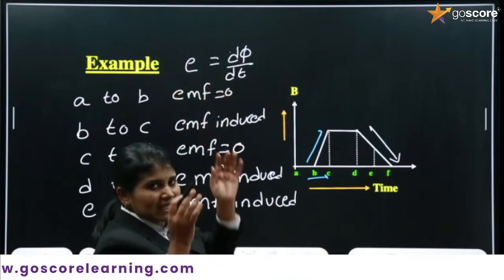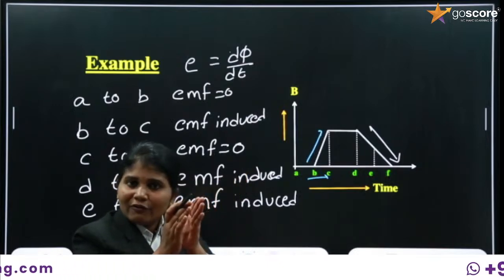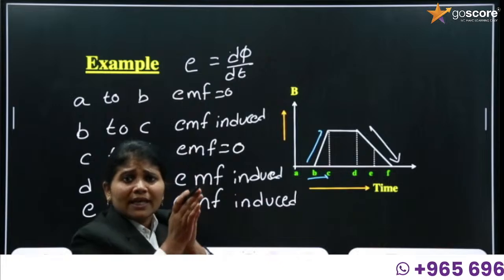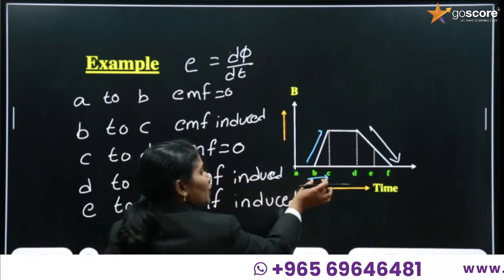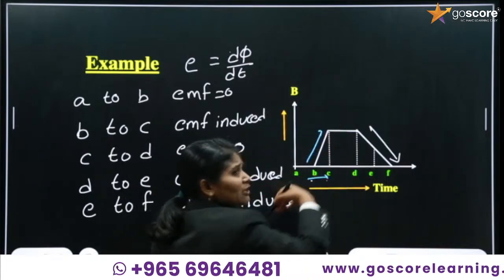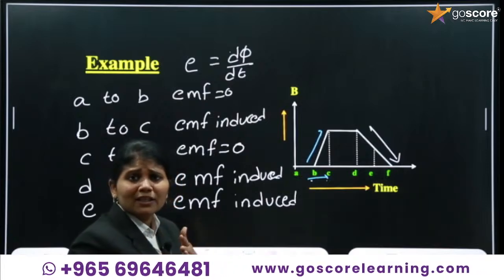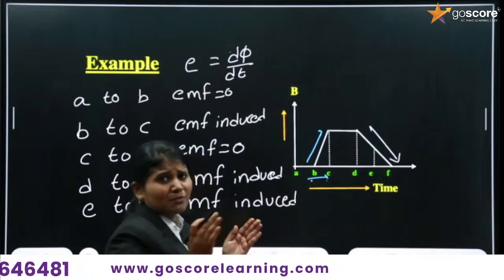So in a less time period where the magnetic flux is changing more, at that point we are getting the maximum EMF. See here, B to C, there is a less time period, but the change in value is more. Maximum magnetic field is changing. See here, D to F, there is a longer time period.